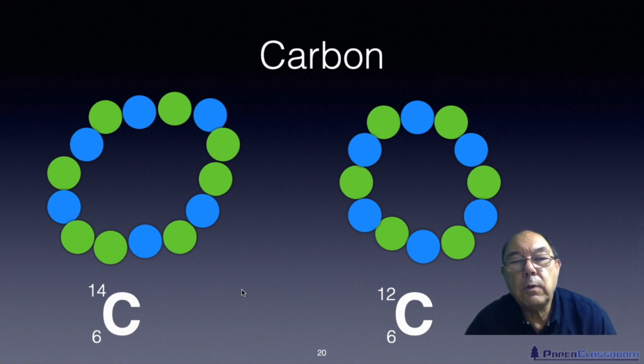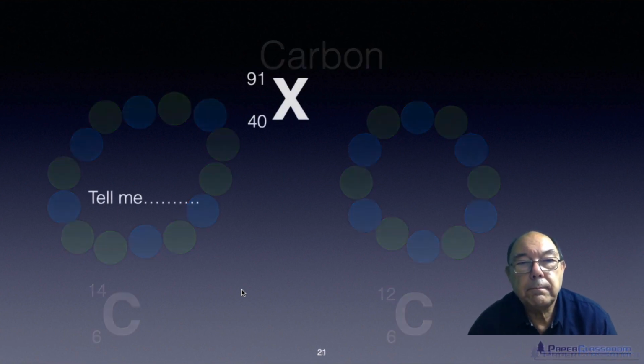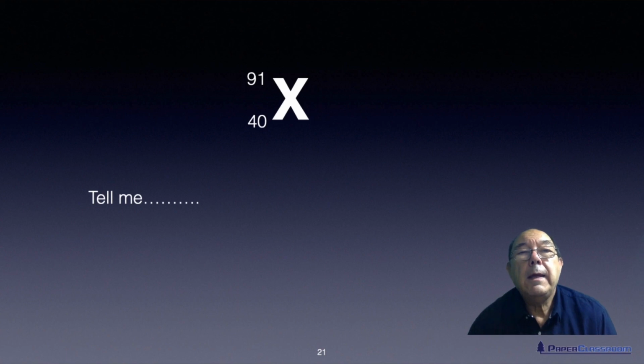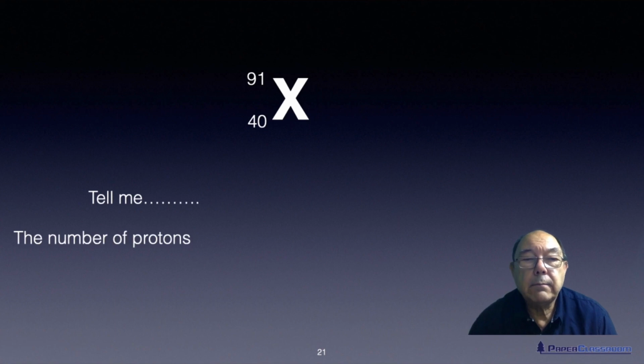I'm going to leave you with a little puzzle now. Here we have element X. Element X, 91, 40. What I want you to tell me is how many protons does that element have?